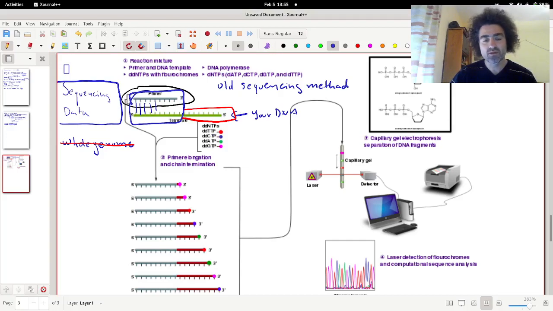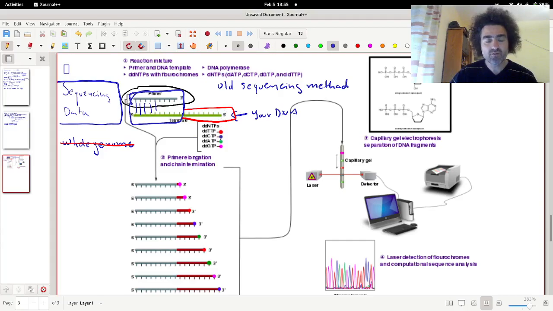So if such a modified nucleotide is put somewhere, then nothing else can be put after that. Okay, so how it works is the following.